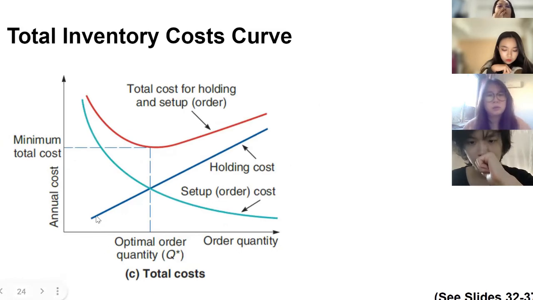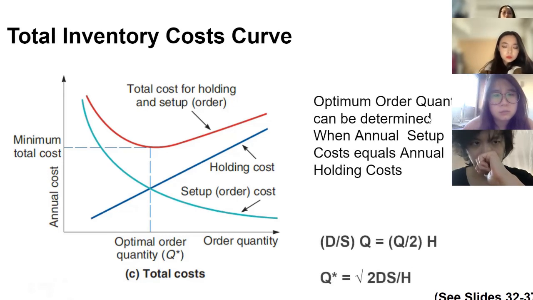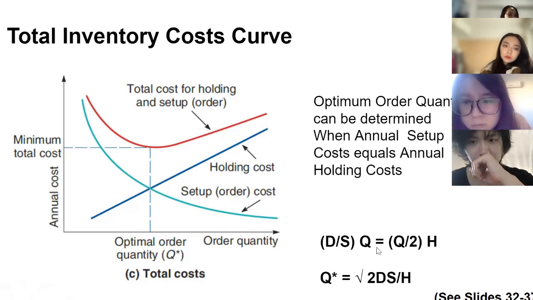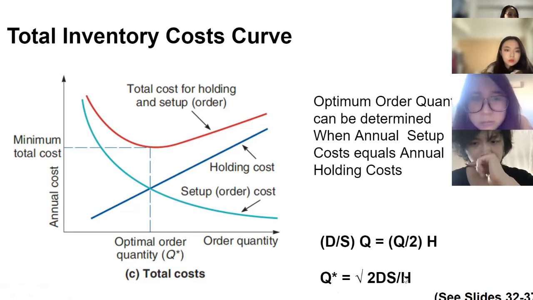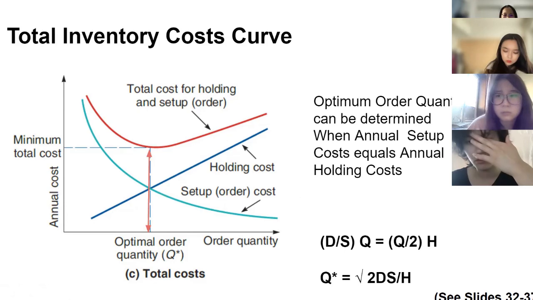Every point here is the total between these two lines, and the minimum is at this point. The optimum order quantity can be determined when annual setup cost equals annual holding cost, at the minimum of the total cost curve, which gives Q star equals the square root of 2DS divided by H. So this is the optimum order quantity Q star.